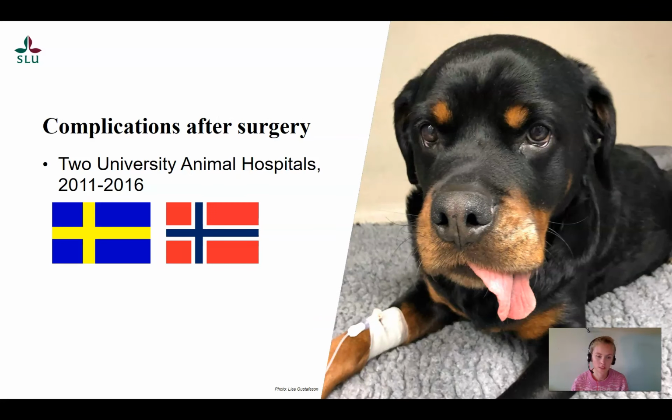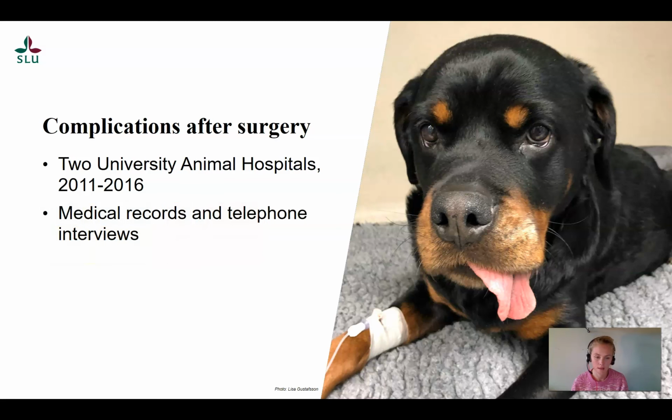So we used data from 2 university animal hospitals between 2011 and 2016. We had the University Animal Hospital in Uppsala and also in Oslo. We reviewed the medical records and collected information about the dogs, and we also did telephone interviews with the dog owners in case information was missing in the medical records.